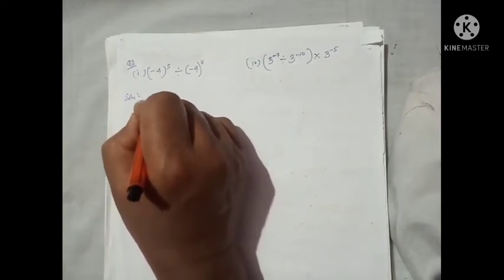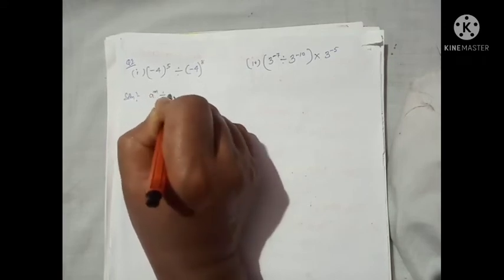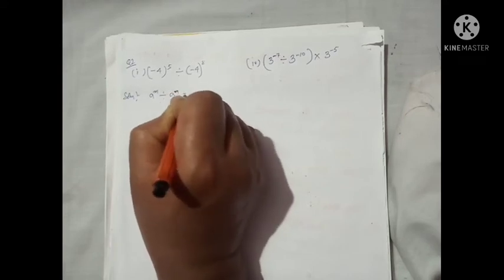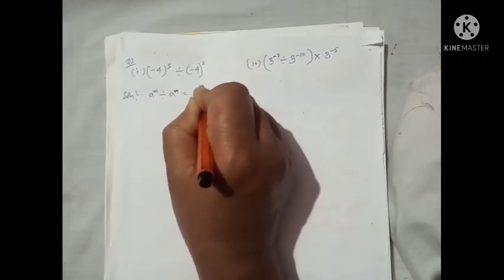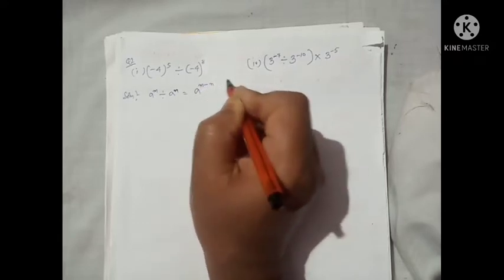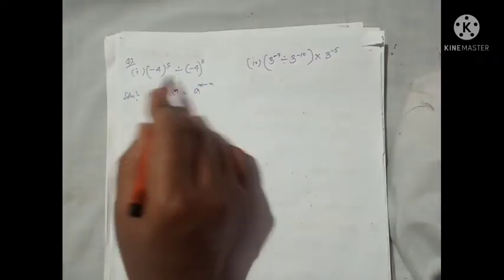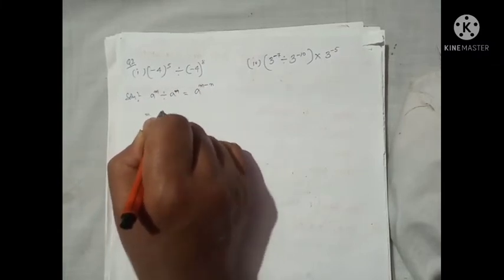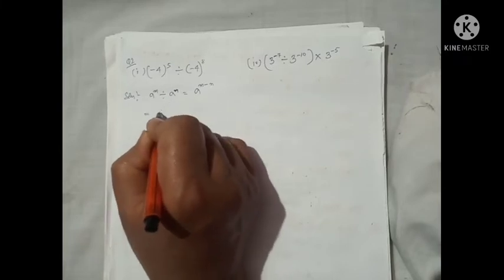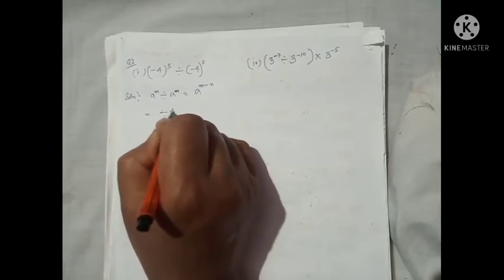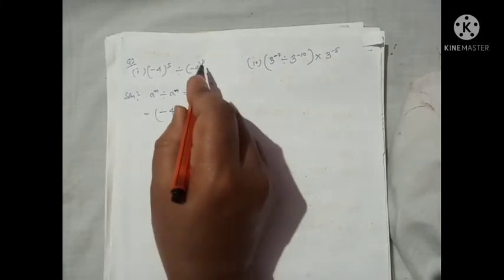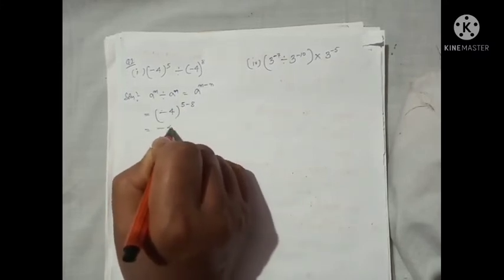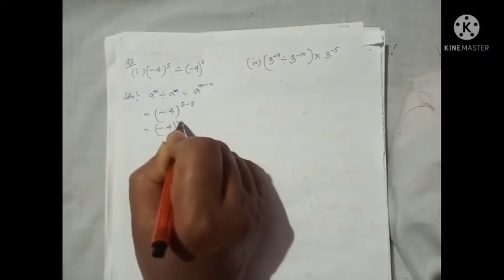The second law says that a to the power m divided by a to the power n is a to the power m minus n. We have to follow the second law. Here the bases are the same, so we will have minus 4 to the power 5 minus 8, so the answer will be minus 4 to the power minus 3.